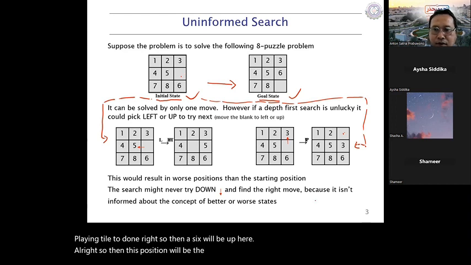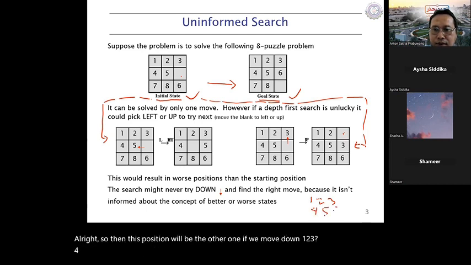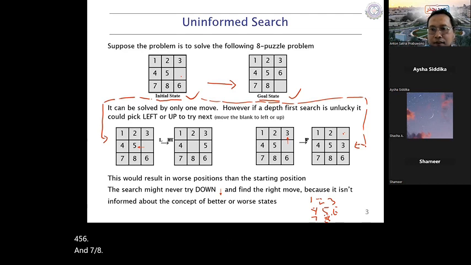If we move down, 1, 2, 3, 4, 5, 6, and 7, 8. This is the position if we move the tile down, from the original, the initial state. So that is the thing.